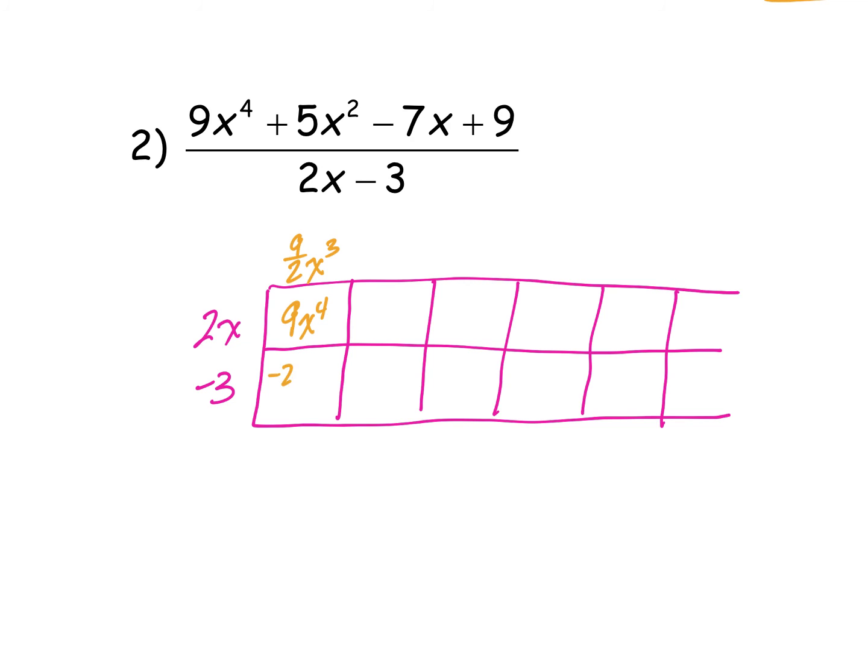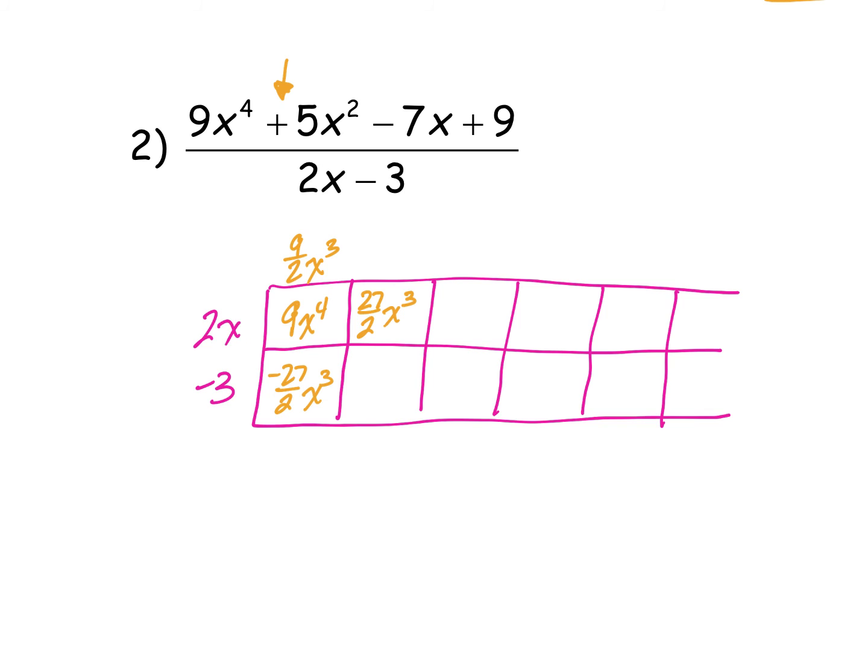Very good. Negative 27 halves x cubed. Is there an x cubed term in my answer? No. So what do I add to negative 27 halves x cubed to get 0 x cubed? 27 halves x cubed. That's beautiful.